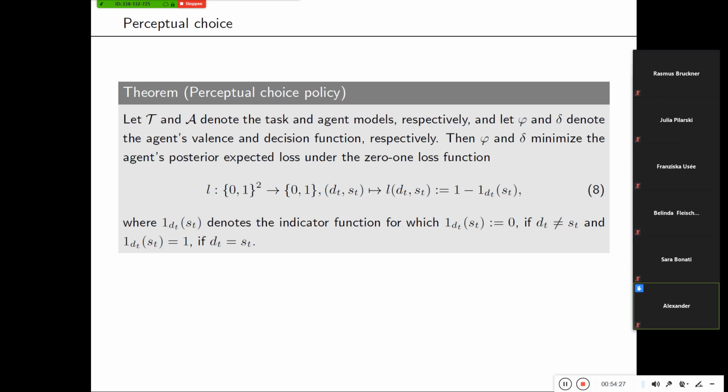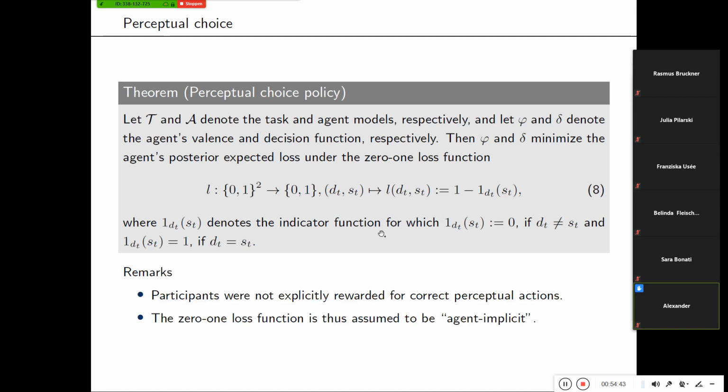So the point of deciding this way, in terms of this valence and this decision function, is that it corresponds to minimizing this 0-1 loss function, and this is what we model here, or assume, as the agent's implicit loss function. There was not really a loss that people encountered, so they were not really rewarded more or less.